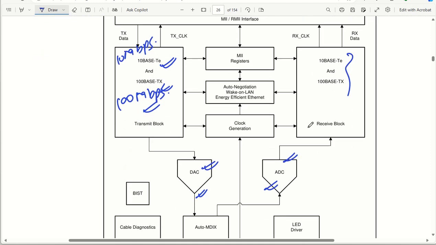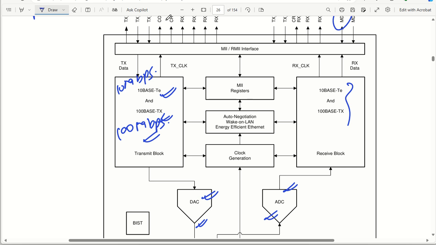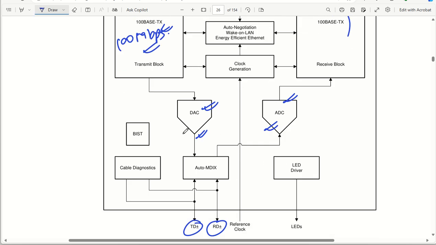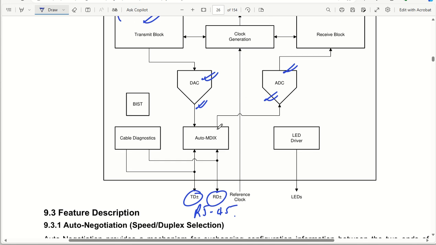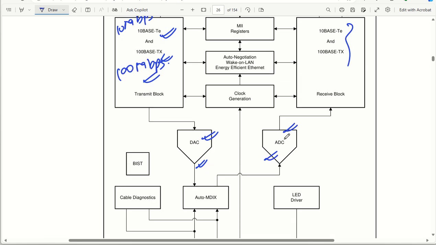So what is the flow that you can understand now? The transmit comes from the MAC device, gets connected and goes through the DAC, and then goes out as an analog signal, as differential outputs, to the RJ45 connector. This RJ45 connector will be connected to the Ethernet. In the same way, the received differential signal will be received here, decoded through the MDI operation, and then sent to the ADC block.